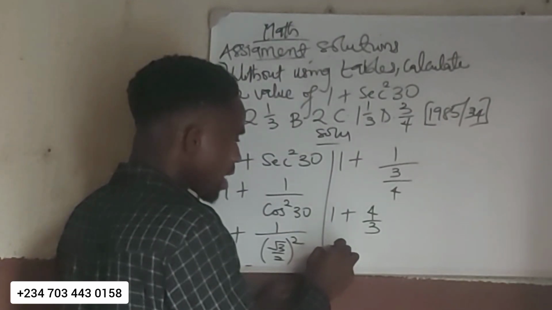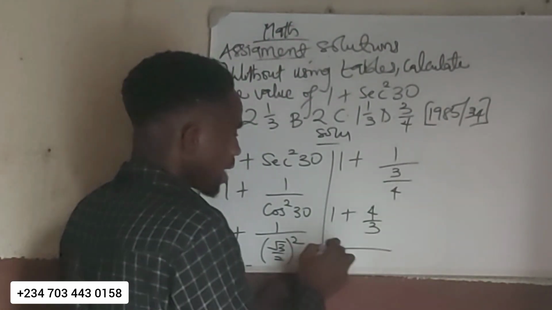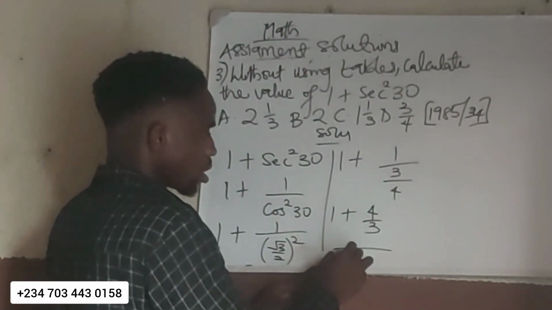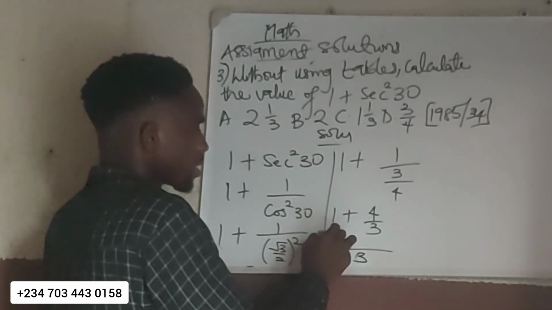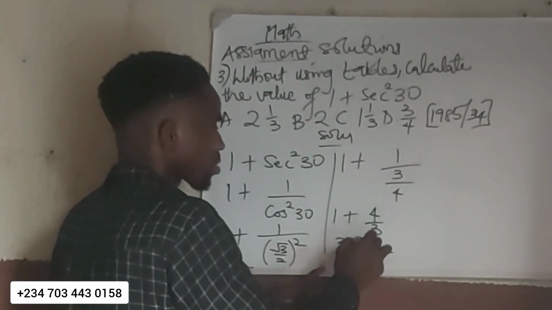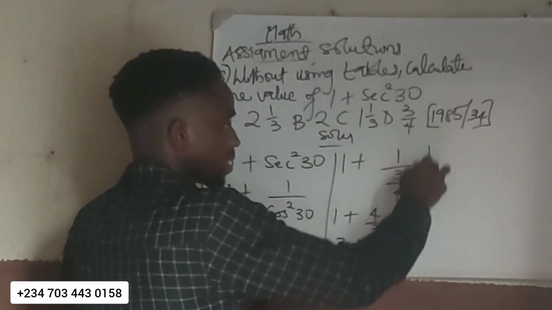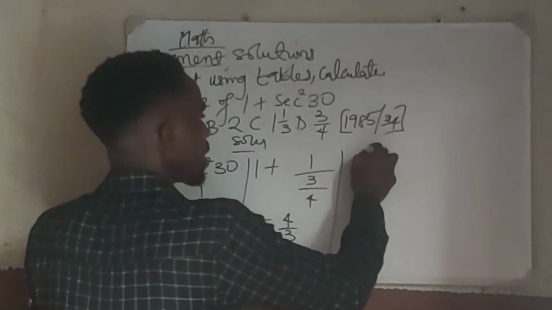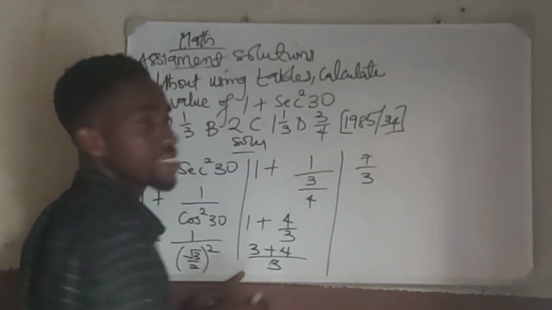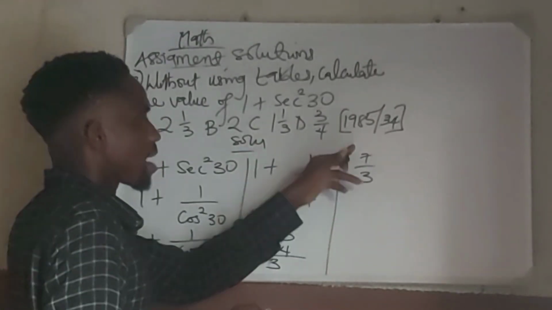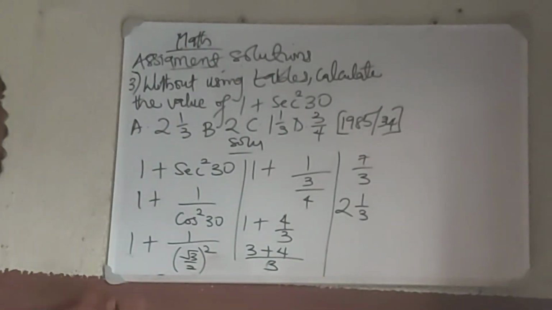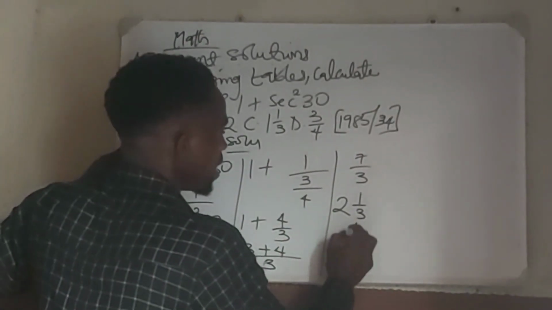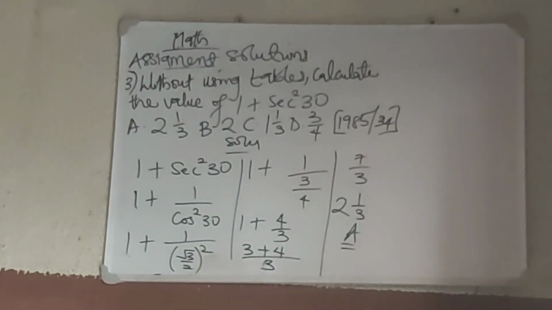Then our LCM, 1 is 3, and then this here is going to be 3 plus 4, right? And then 3 plus 4 is 7 upon 3, right? So our answer is option A. That's our answer. So let's solve the fourth question.